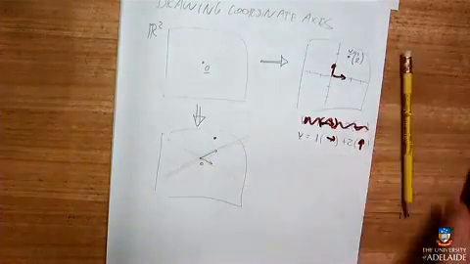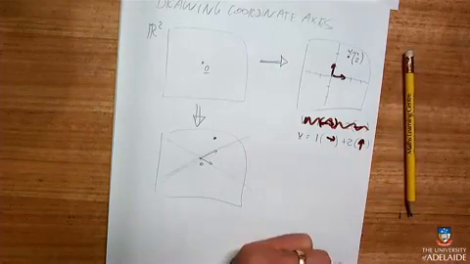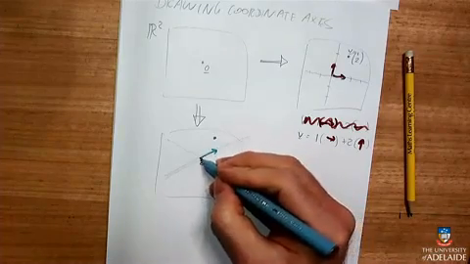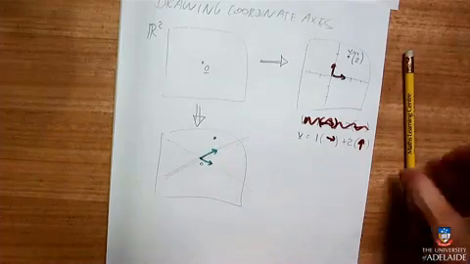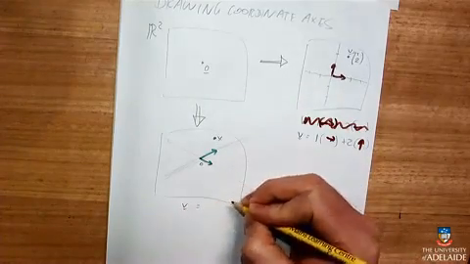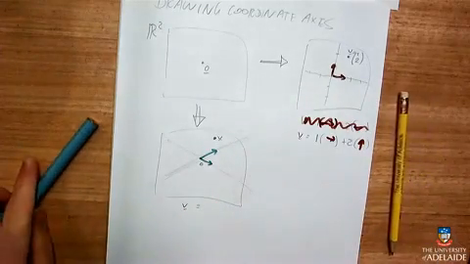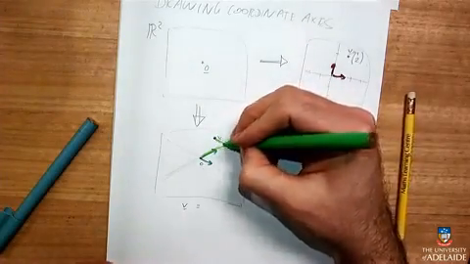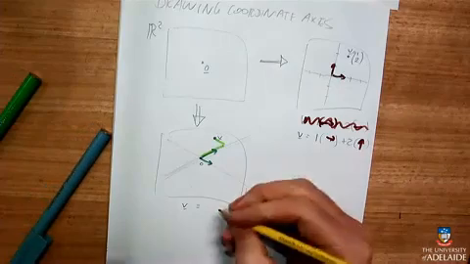Let's change my colour. V is now about 1.5 of that vector and -1 of the other vector.